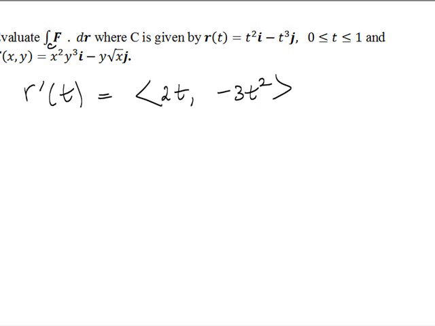Now, find f of r of t. The first component is x squared y cubed. So x squared from r of t is t to the fourth. Y is minus t cubed, so y cubed would be minus t to the ninth.